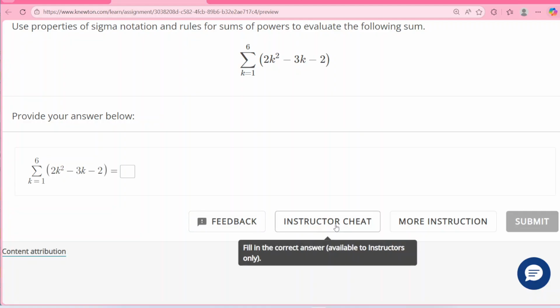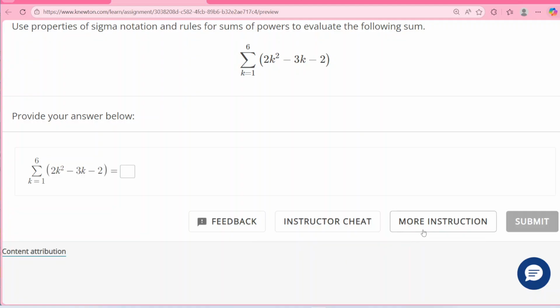I hope you understand that you will not have the instructor cheat option that fills in correct answers, for instructors only for demonstration purposes, so I'm not going to be using that here. But you will see or be able to find a more instruction option.